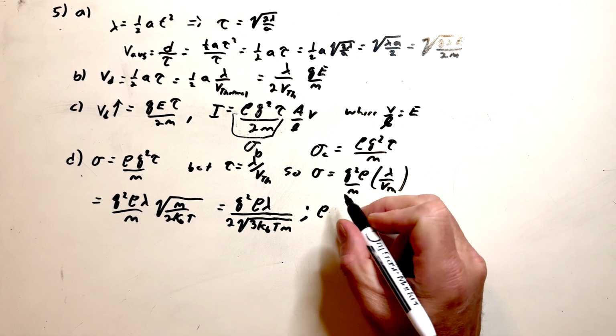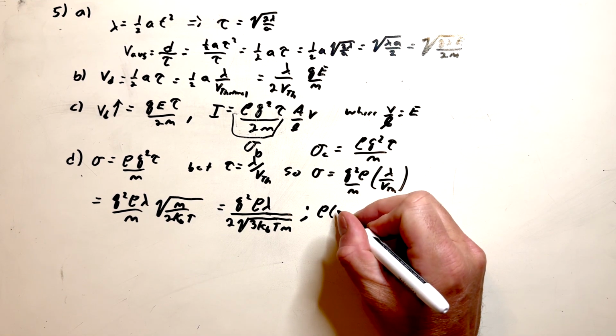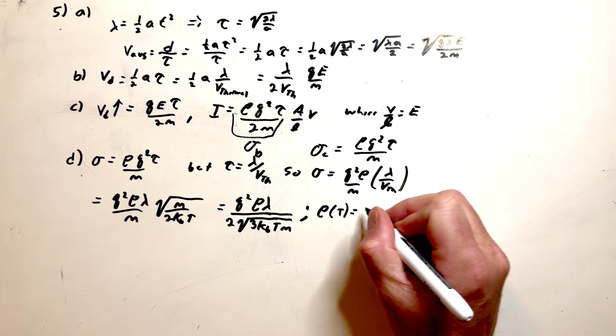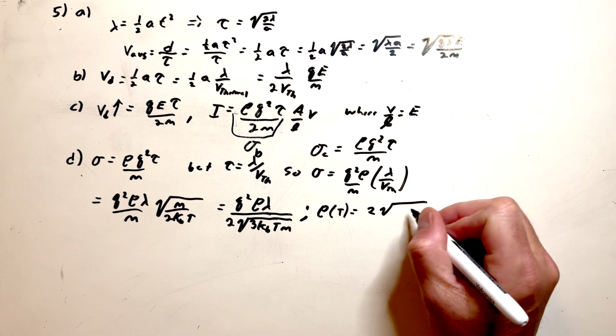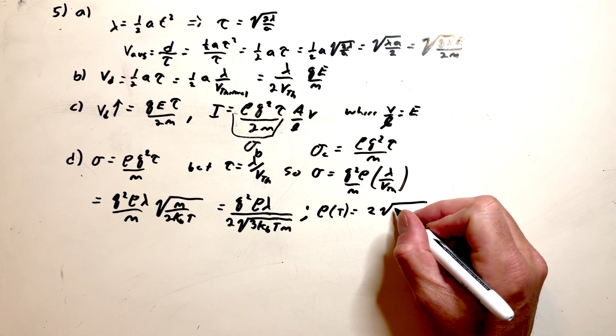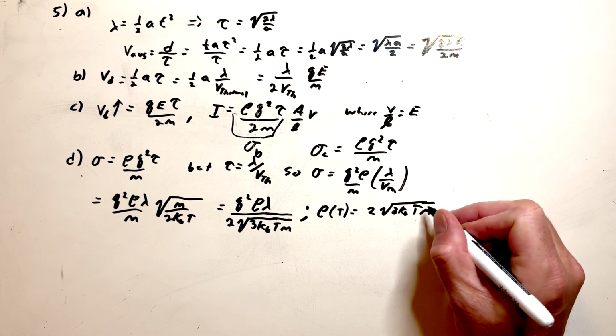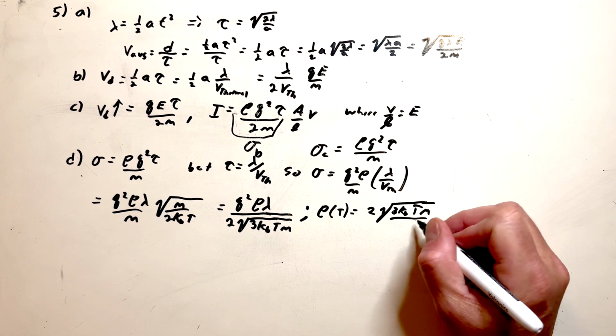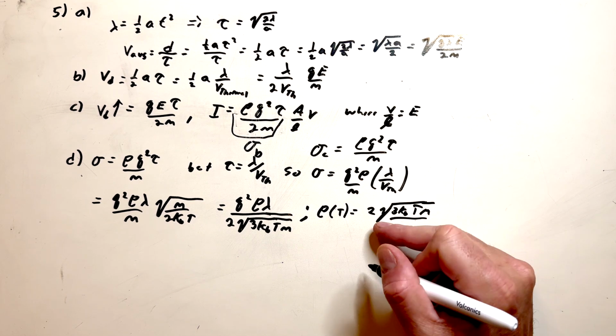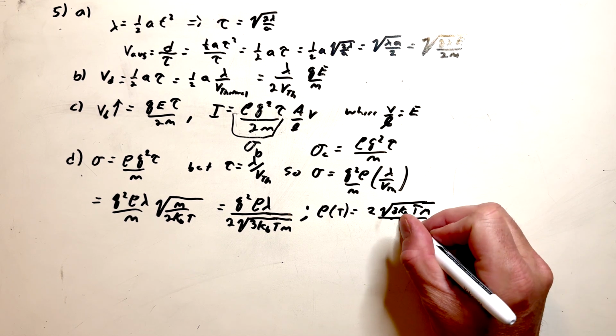Okay, so rho as a function of temperature then is equal to the square root of 3 kBT m, all divided by q squared rho lambda, where the m is outside the square root.